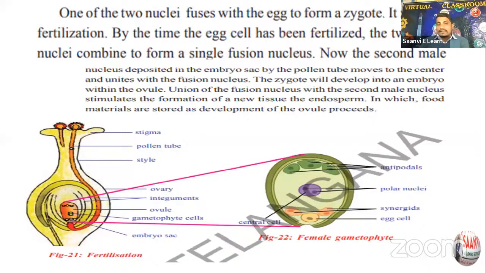The union of the fusion nucleus with the second male nucleus stimulates the formation of new tissue that is called endosperm. The endosperm is the main part in which the materials are stored as development of the ovule proceeds.